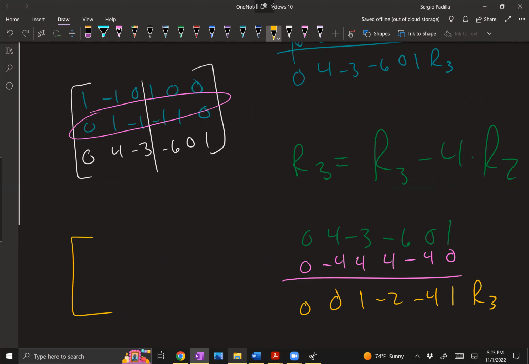And so now we can write the finished matrix here: 1, -1, 0, 1, 0, 0. We're changing row 3, right? 0, 1, -1, -1, 1, 0. And our new row 3 is 0, 0, 1, -2, -4, and 1.